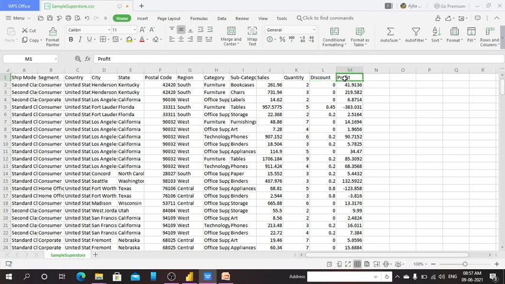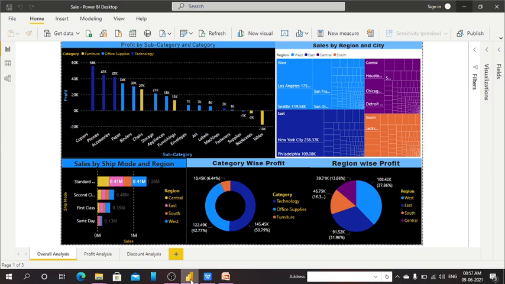Using this data we need to find the weak areas and business problems. The data was clean, so we did not need any pre-processing and proceeded with the Power BI dashboard. I have created 3 Power BI dashboards here. On the first dashboard I have done the overall analysis.